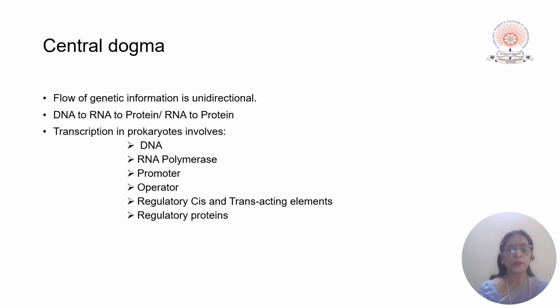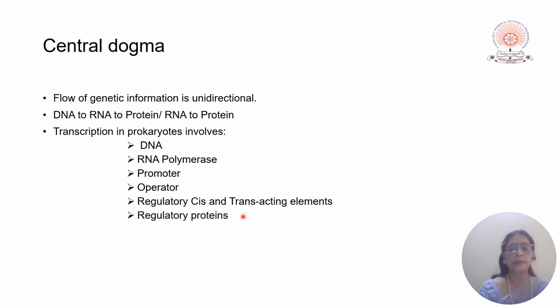Transcription in prokaryotes involves double-stranded DNA, the enzyme RNA polymerase, promoter, operator, regulatory cis and trans-acting elements, and regulatory proteins, and the information flows from DNA to RNA in case of E. coli.